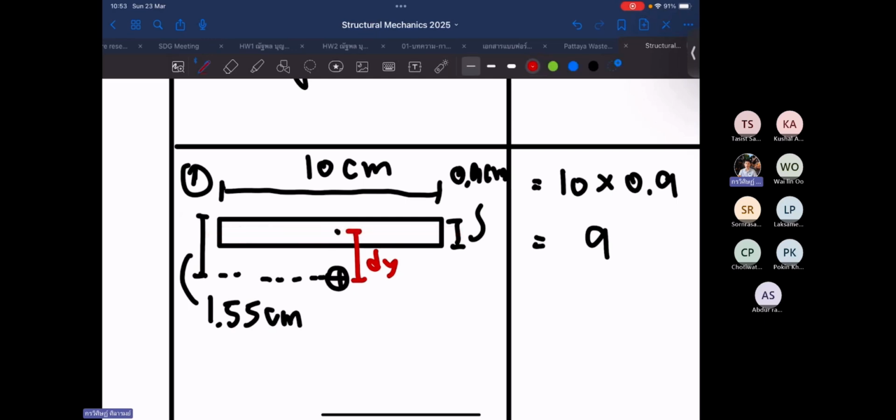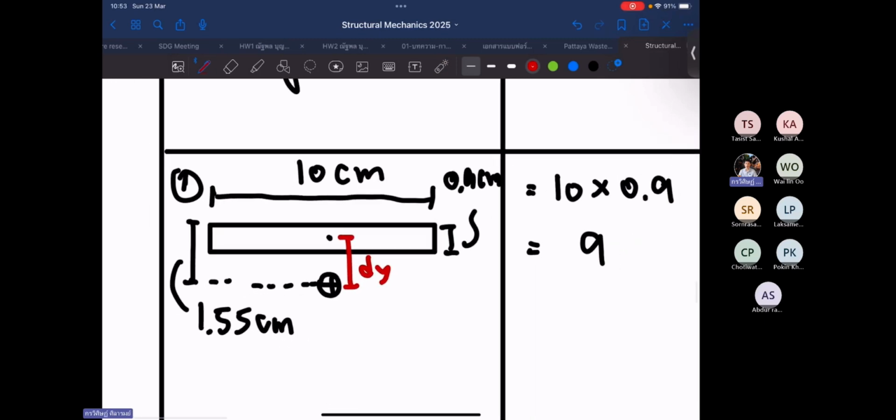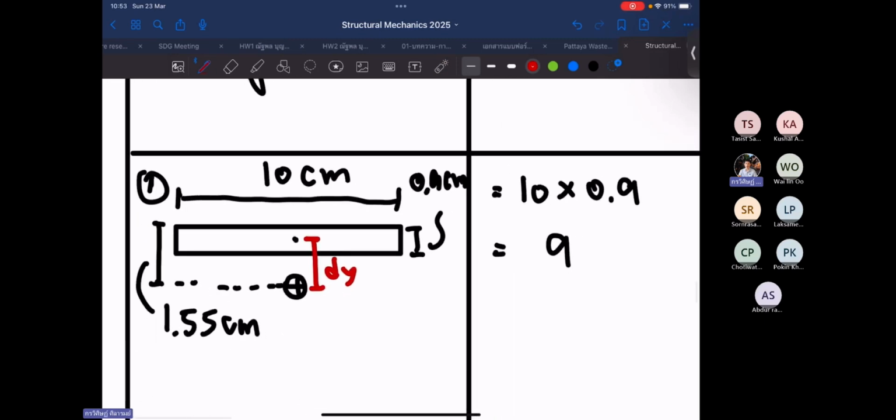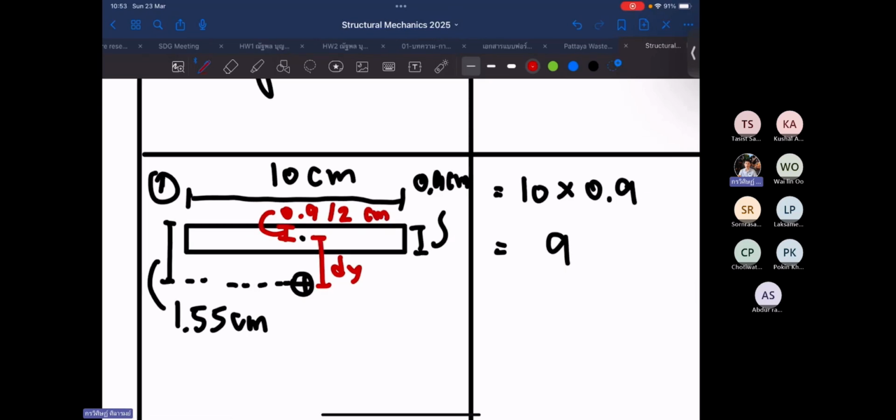So this dy must be 1.55 minus half of the thickness of this component.